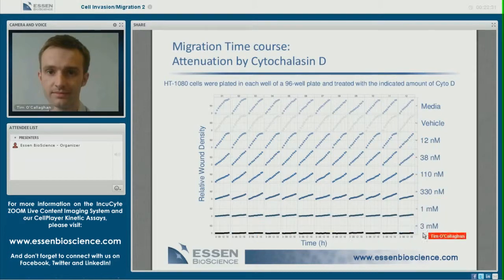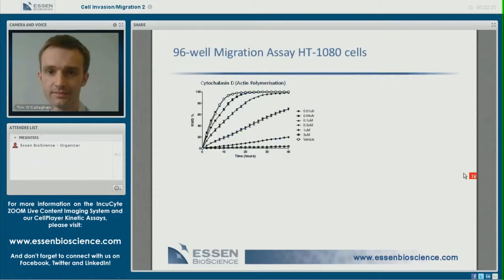If we average the replicate rates of wound closure and draw them on a single axis, we can more clearly define the differences in migration rates under these different treatment conditions.